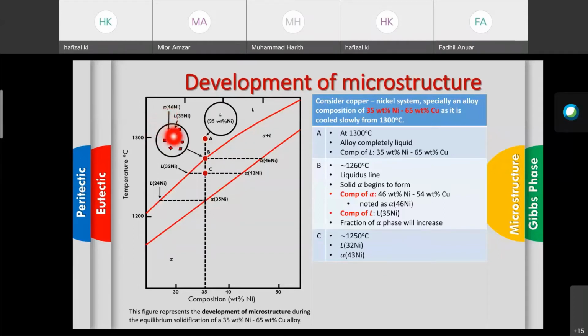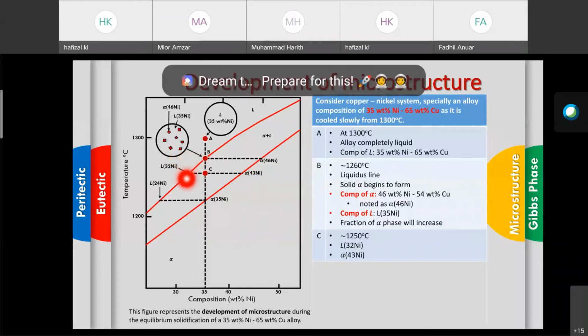At that point the alpha starts to nucleate and solidify. And at point C, whereby we have 1250 degrees Celsius, when we set the tie line here, we have this point at liquid, and also the alpha here. So we need to determine the liquid and alpha composition by making a projection.